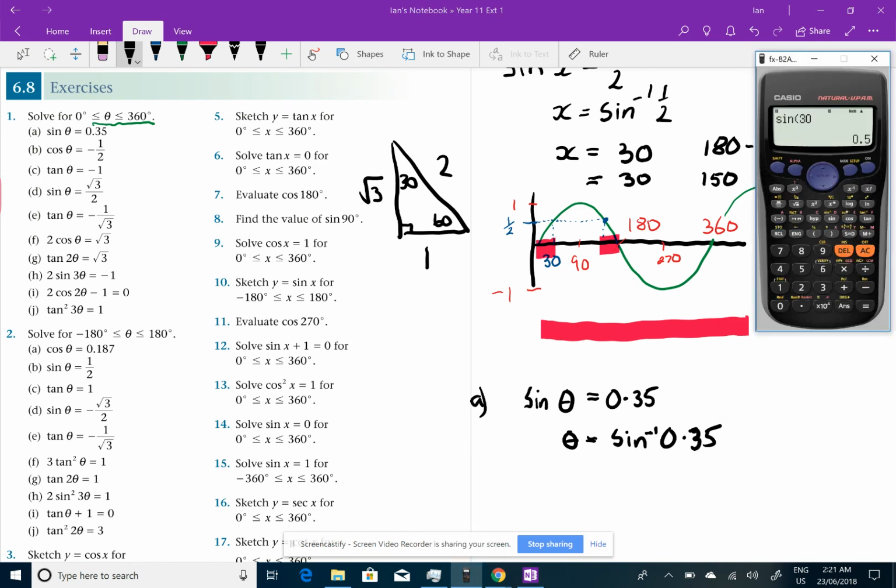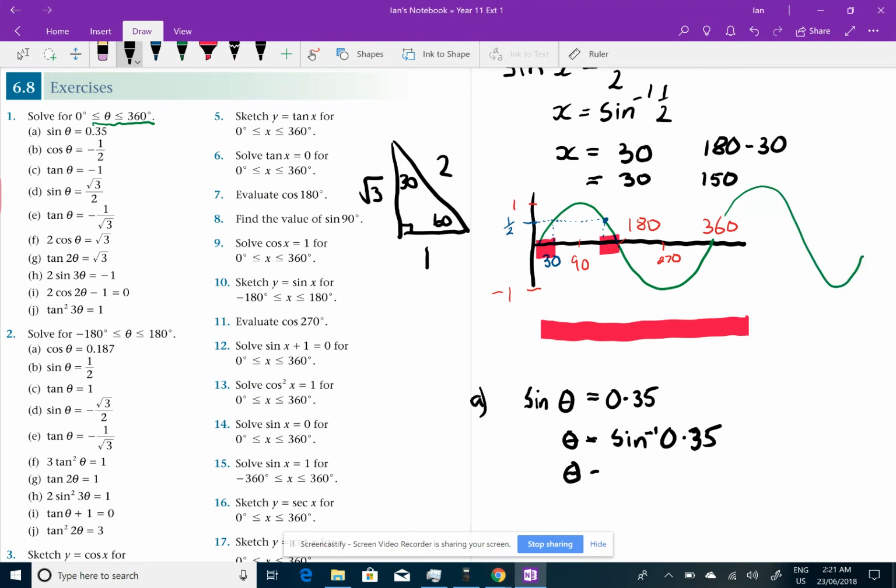So I go shift sine 0.35. And I want to know what that is in degrees and minutes. So I go 20 degrees, 29 minutes. So over here, 20 degrees, 29 minutes.